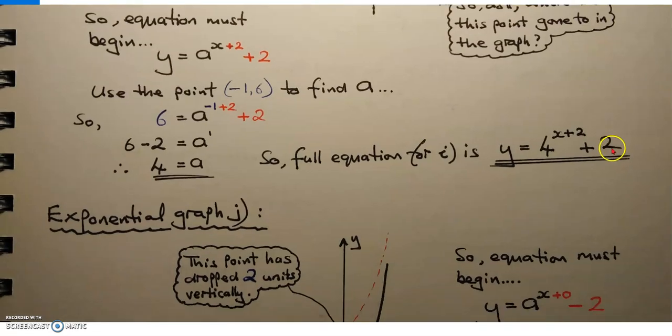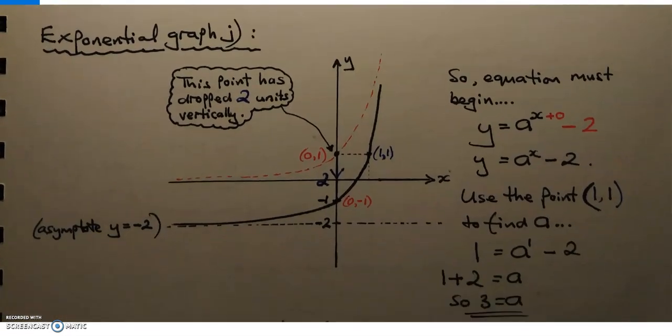Let's move on to the next one, the exponential graph J. We again have the exponential doing something like this, and again we should note that there is an asymptote at y equals minus 2. We imagine the original exponential doing something like that, and there's that very important point, (0, 1).